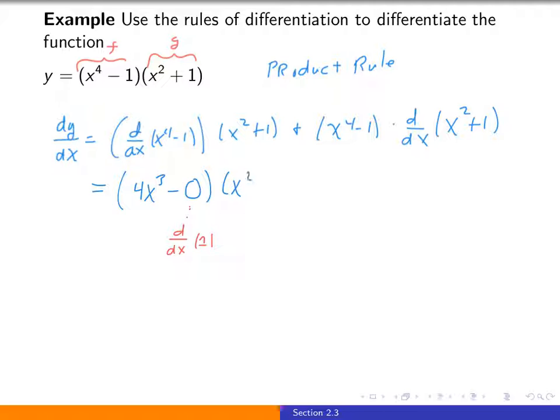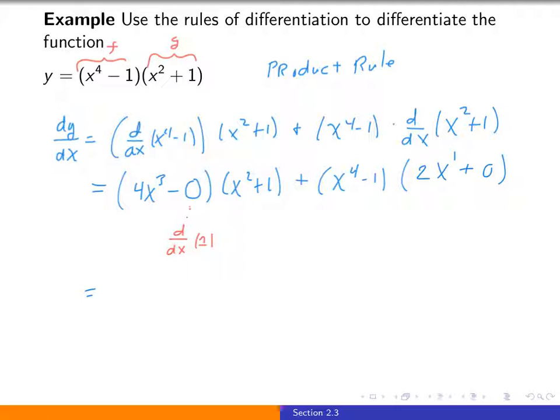This is times the second function, x^2 + 1, plus the first function, and then we multiply it by the derivative of the second. Using the sum rule, we take the derivative of x^2 plus the derivative of 1. By the power rule, the derivative of x^2 is 2x^1, plus 0.